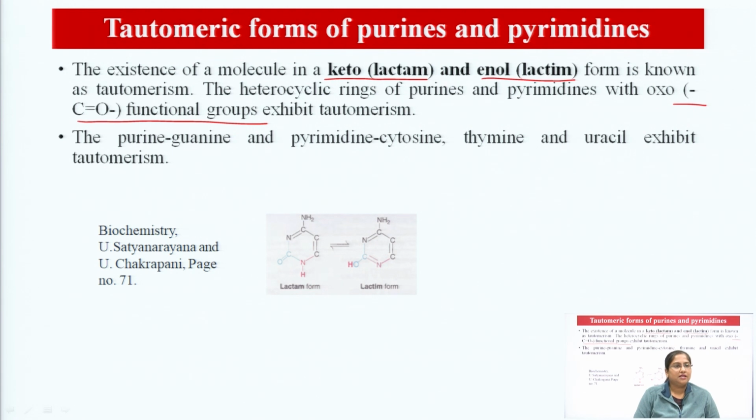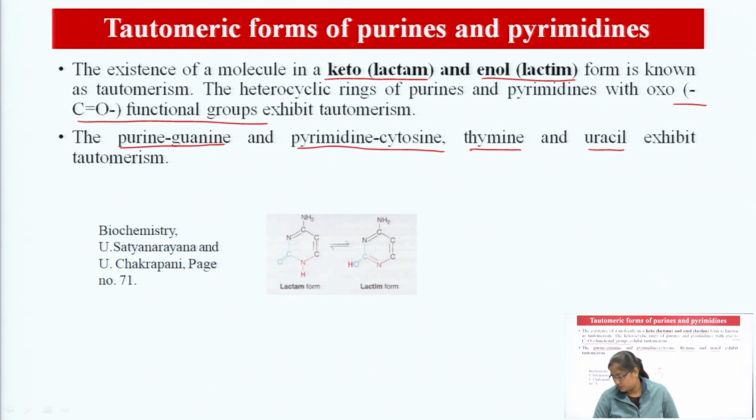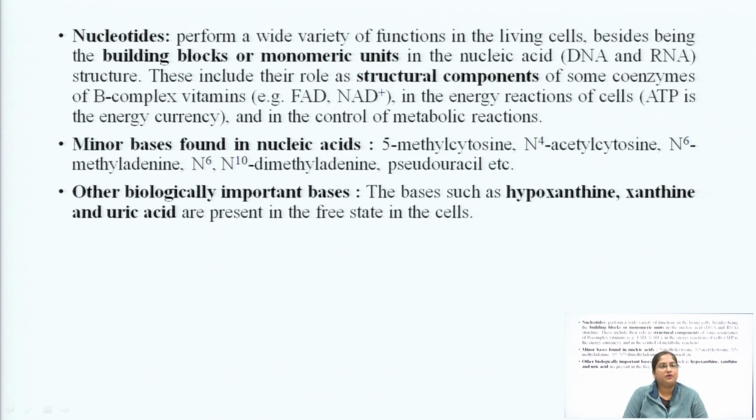It should be noted that in purines, guanine, and in pyrimidines, cytosine, thymine and uracil, all of these exhibit tautomerism.